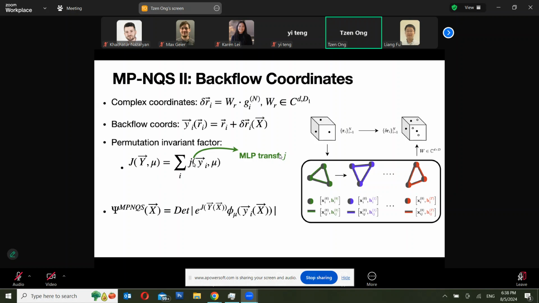Here small j is some neural network transformation, and then you put it into a Jastrow or exponential form. The final result is that you are able to learn the cusp of the wave functions from these backflow coordinates.